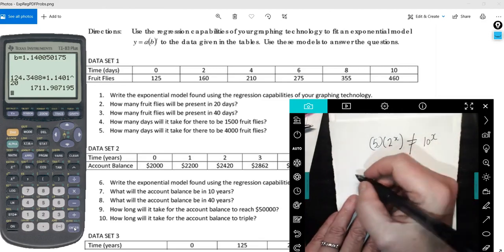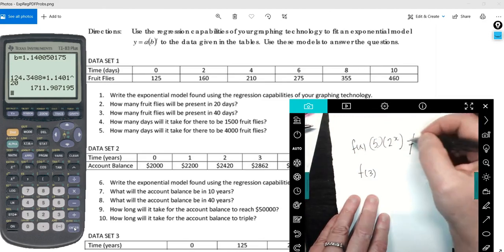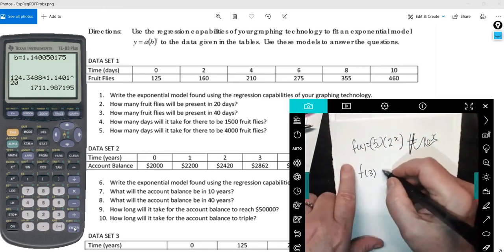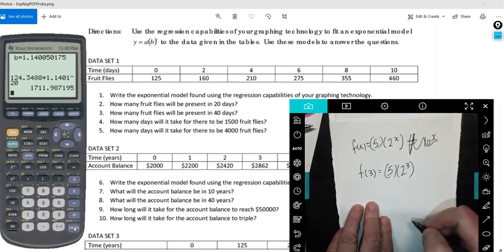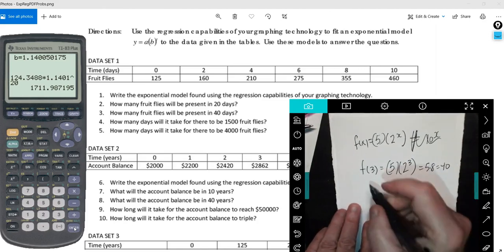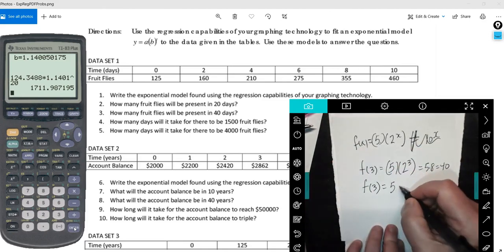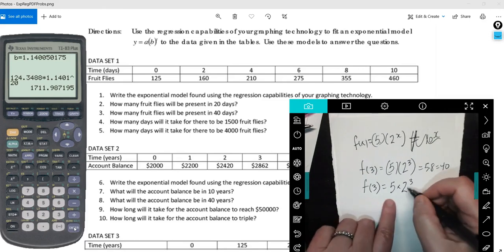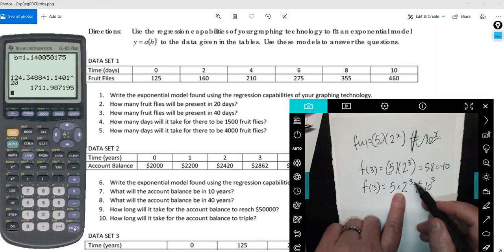So if I have that, that's my f of x, and I have f of 3, it's going to be 5 times 2 cubed, which is 5 times 8, which is 40. Okay. Sometimes when students write this without parentheses and they just write it like that, they wrongly do the 5 times 2, so that's not equal to that, because you have to do order of operations.